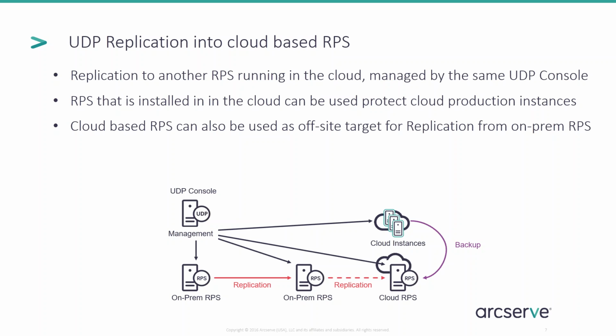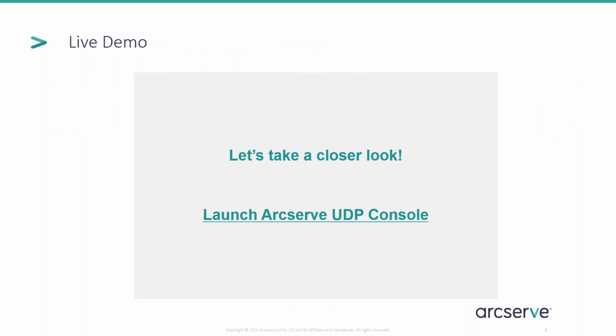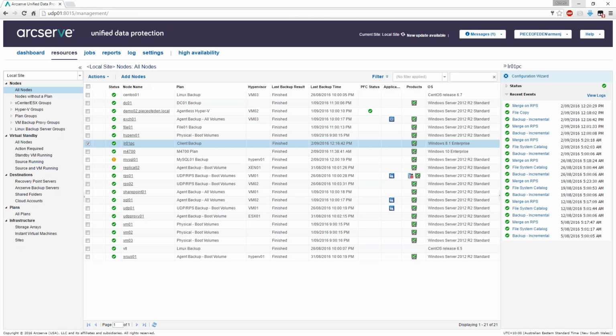So from a replication perspective, let's take a look at how that would work. Let's go back to our Arcserve UDP console. Now, in this particular example, I'm going to assume that you already have a cloud-based Windows instance running with Windows installed on it, and you have network connectivity between the two sites.